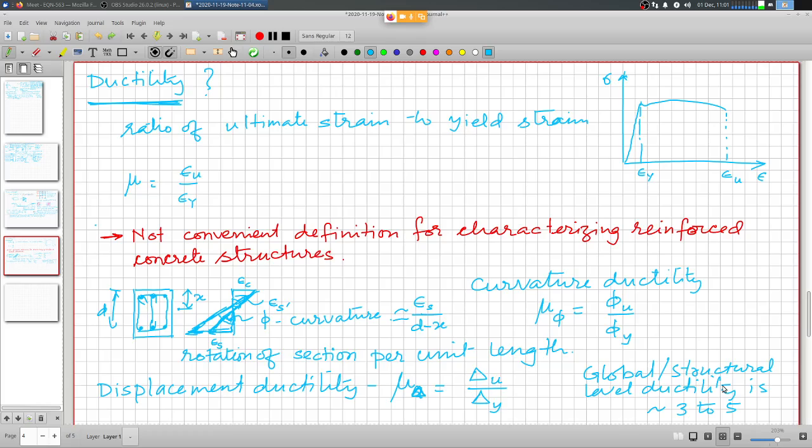And that is why you will find that the response reduction factor that we have is of that order. You may wonder, if we look at the member behavior with a ductility of the order of 10 to 15, then why is the response reduction factor so low?